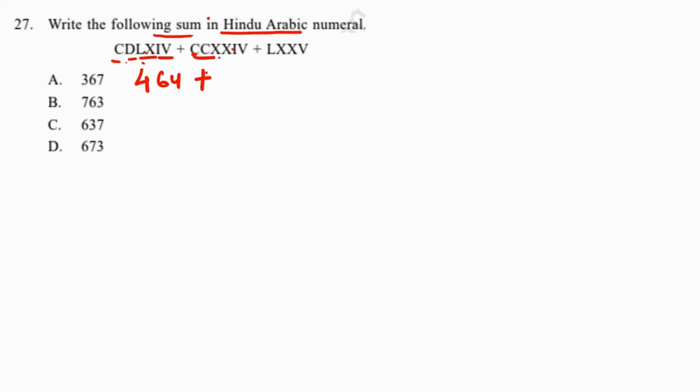Plus double C 200, double X 20, and 4, so it's 224 total. Plus L is 50, LX 60, LXX 70 and a 5. So 75. So what we need to do now is add 464, 224, and 75. The sum of these three numbers would result in 763. Option B is our correct answer.